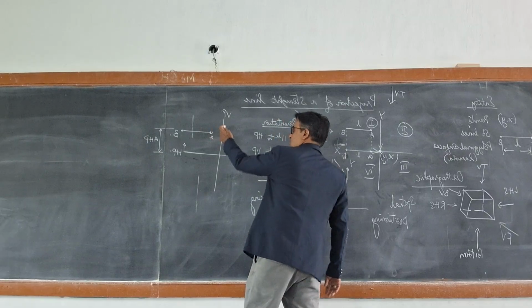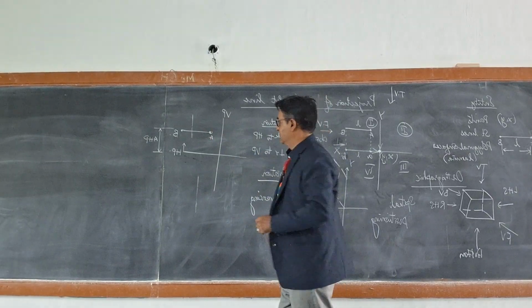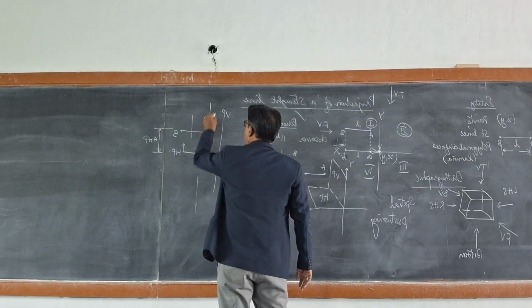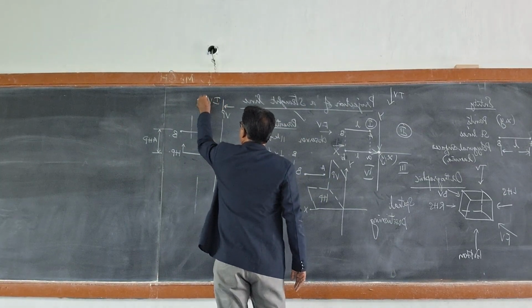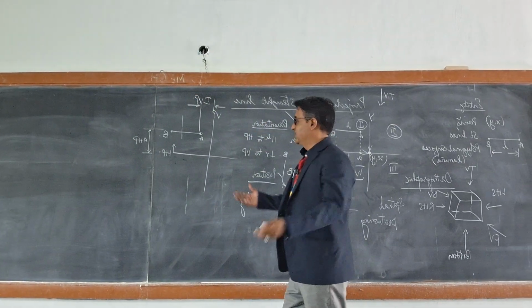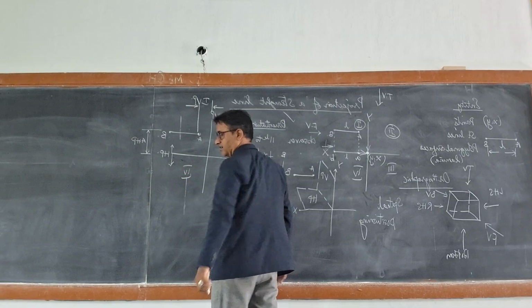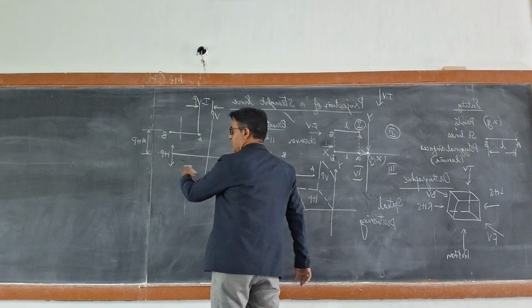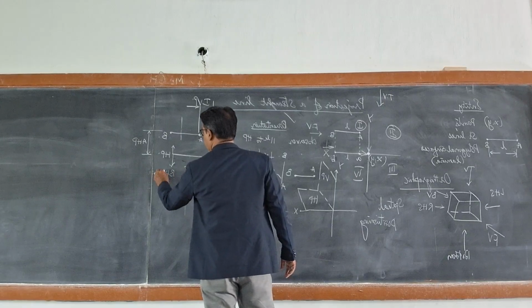And similarly, what is the position of A when referenced from VP? So, this is going to be my distance in front of VP. And when I say this is above HP, then if it is positioned in the fourth quadrant, any object in the fourth quadrant has to be referenced as below HP.